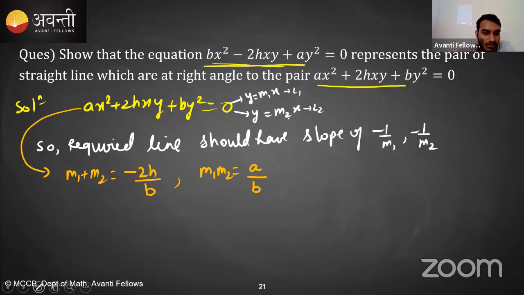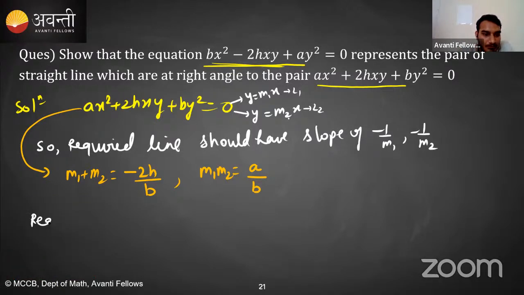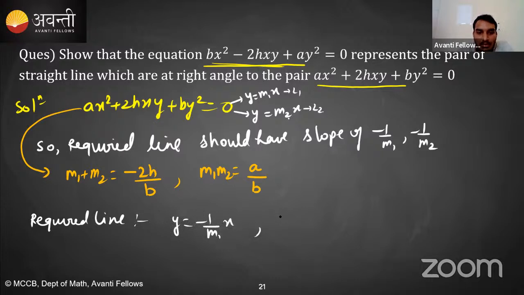So the required lines should be, what will the required lines be? One is y is equal to minus 1 upon m1 x, and another line is y is equal to minus 1 upon m2 x. Clear?